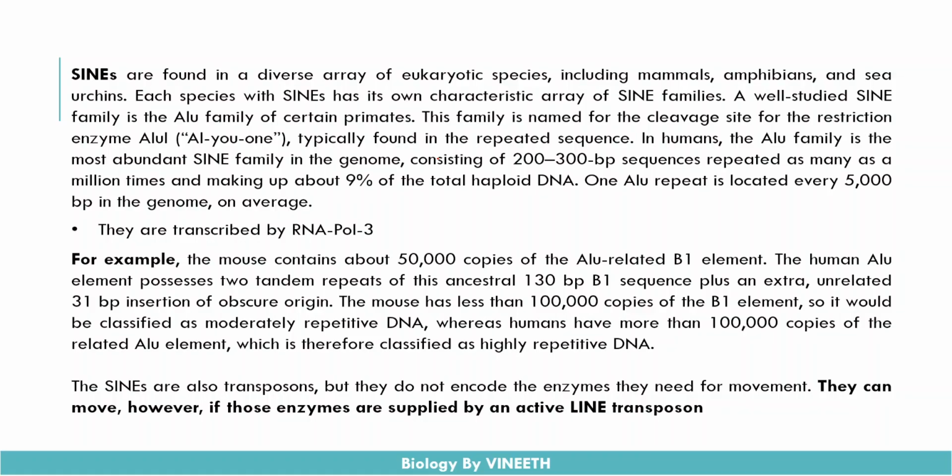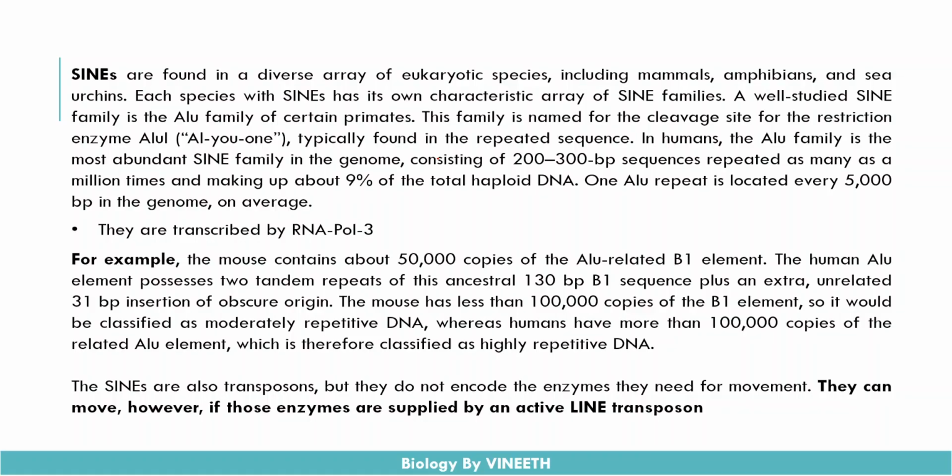ALU is also the name of a major restriction enzyme studied in bacteria. This SINE family contains nearly 200 to 300 base pair sequences per repeat, and this SINE element alone makes up 9% of the total haploid DNA. The ALU repeat is located every 5,000 base pairs in the genome.